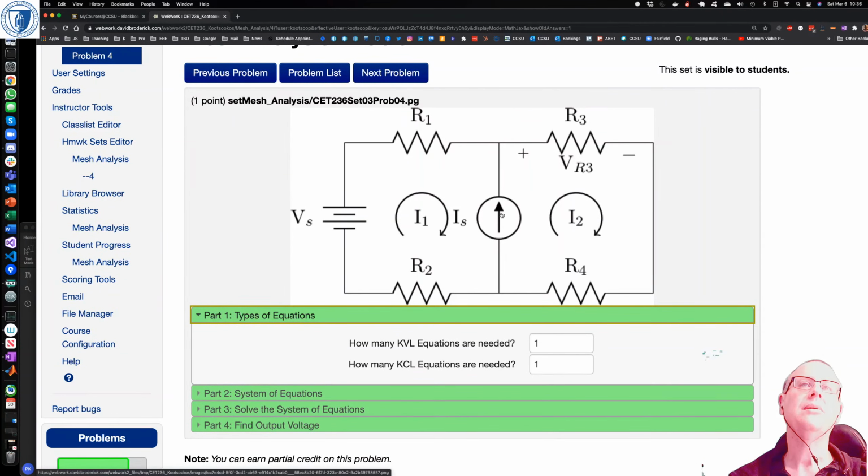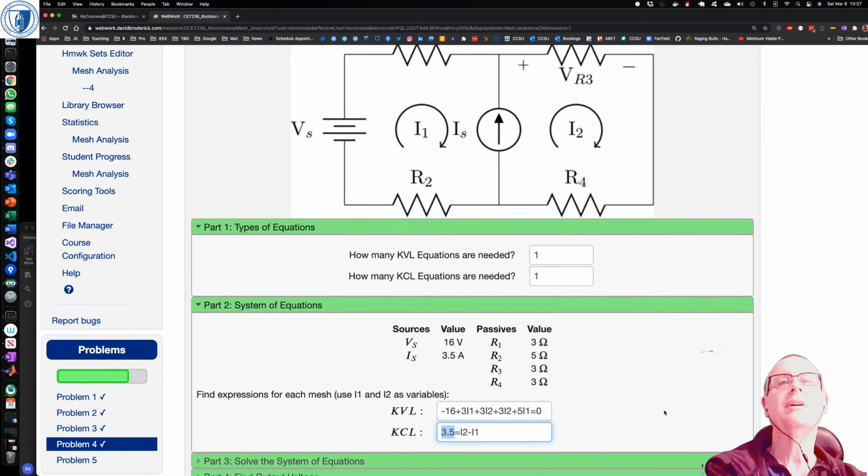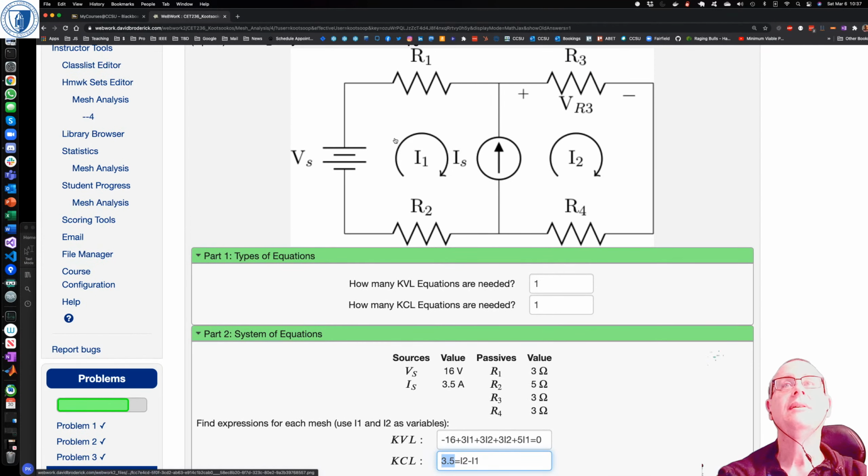And so the KCL equation is going to be IS equals I2 minus I1. Well, but we've got to give the value of IS, right? It's 3.5 volts. And then the super mesh is probably going to go around that way.